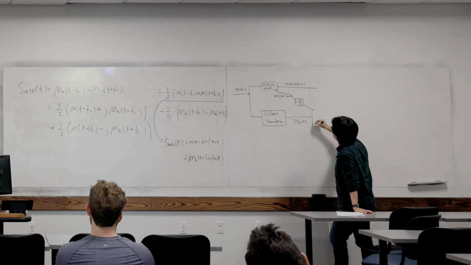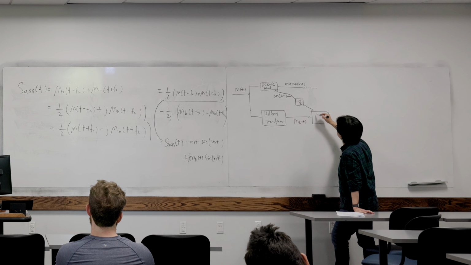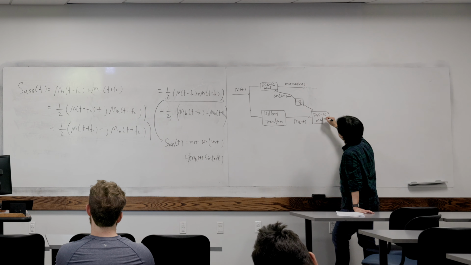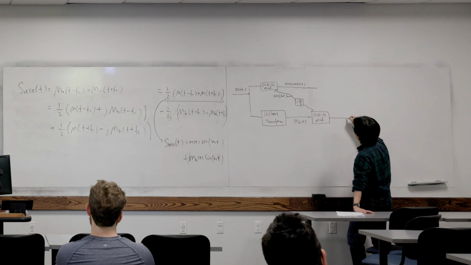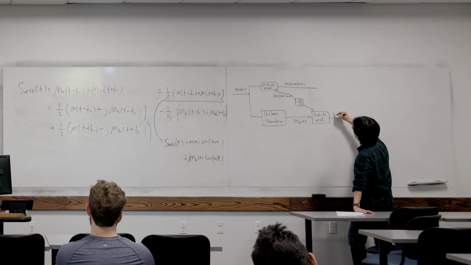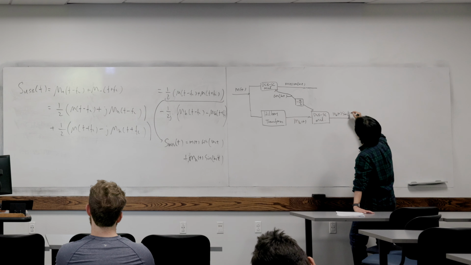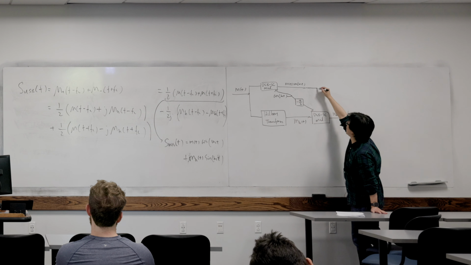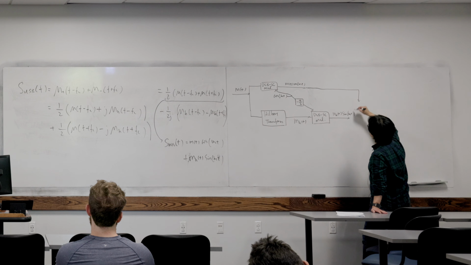So basically, here we're passing that through a what? A DSB-SC modulator, right? And then here we can get this signal, okay? And then after that, we just add them together.